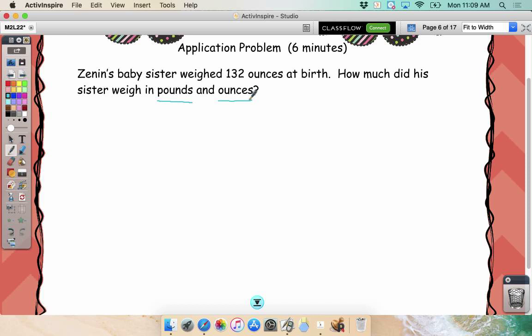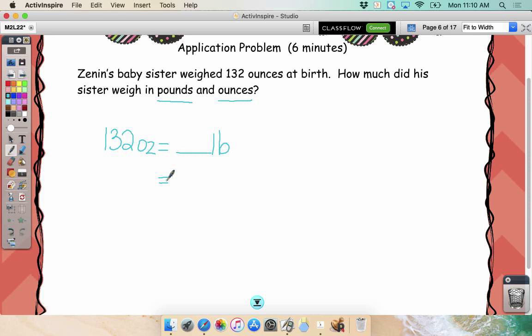Okay, so I've got ounces, right? I've got to change ounces to pounds. Everybody write that down. Here's my situation. I need to figure out how many ounces are in a pound.